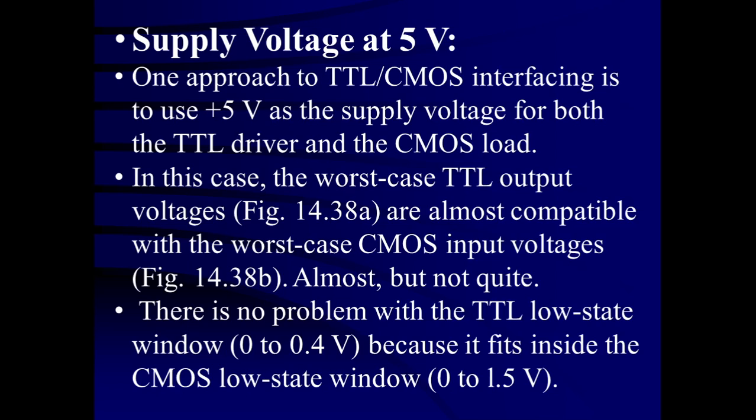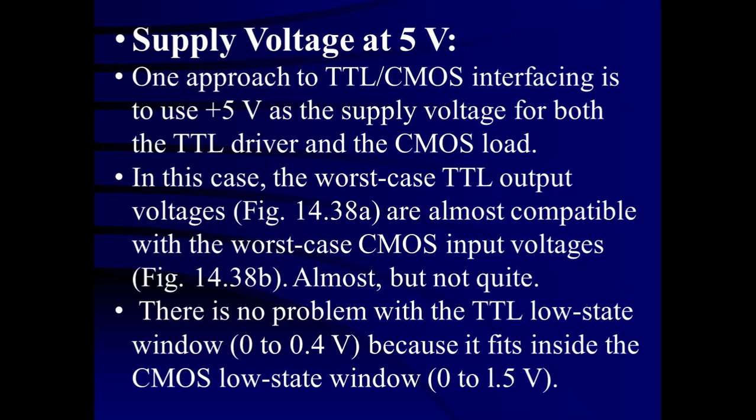And when the CMOS input is low, it can accept 0 to 1.5 volt. So the 0 to 0.4 volt output window of the TTL can fit inside the low state input window of the CMOS device. So for the low state, they are completely compatible and there is no problem.